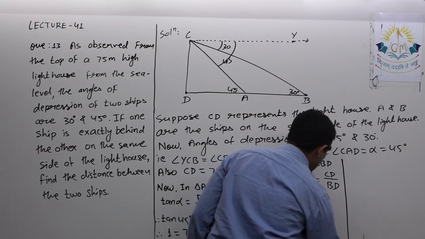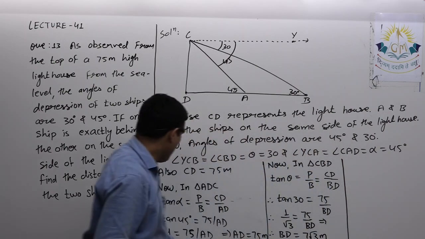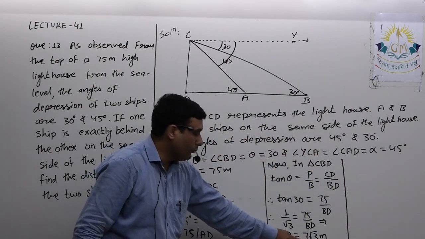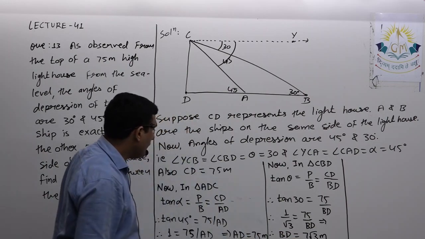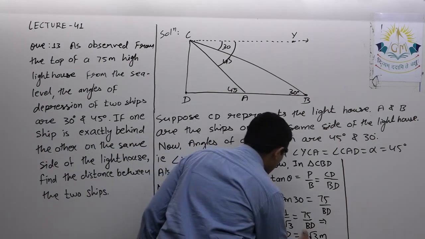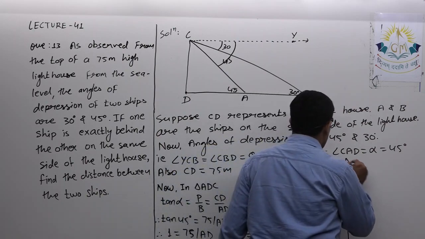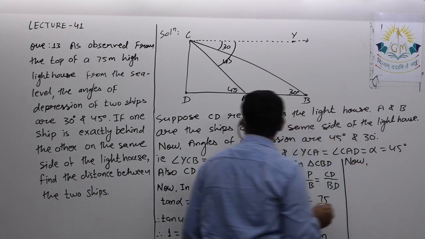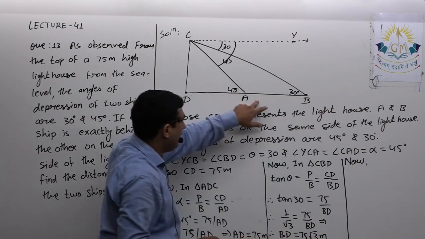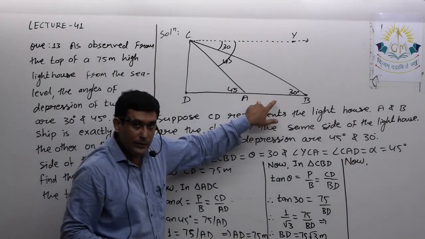So here I got the length BD as well. AD is 75, BD is 75 root 3. Now what I need to find is the length AB, the distance between the ships.